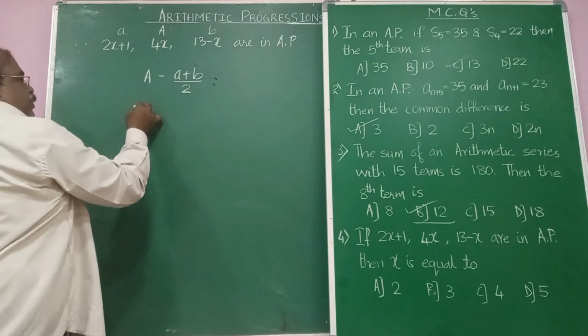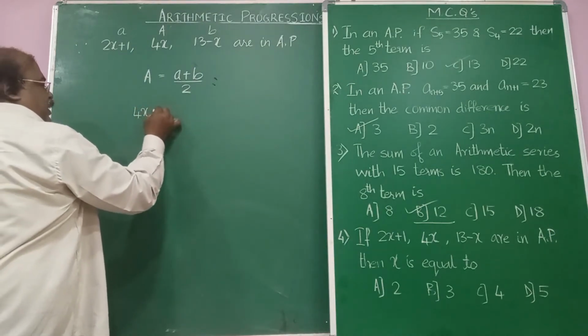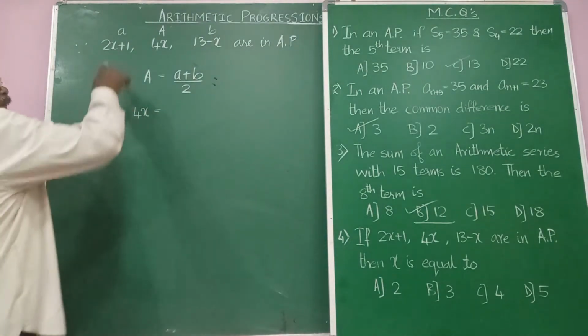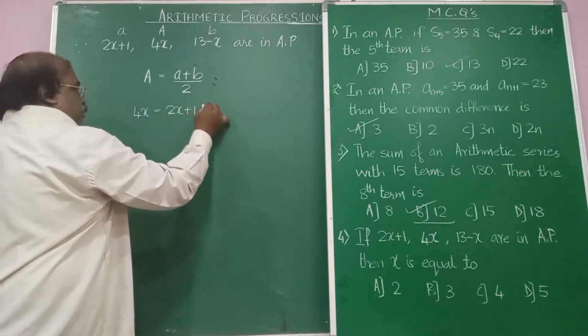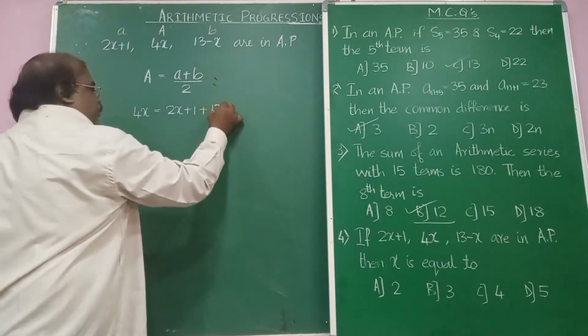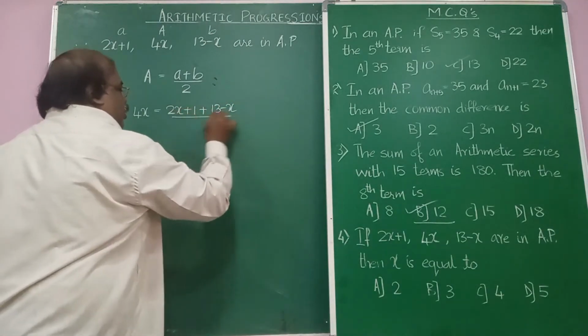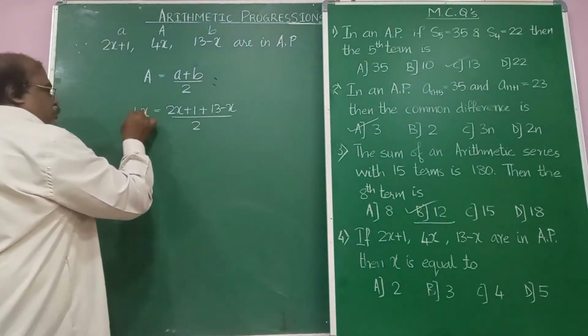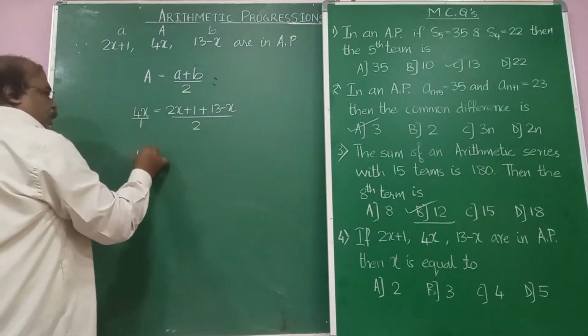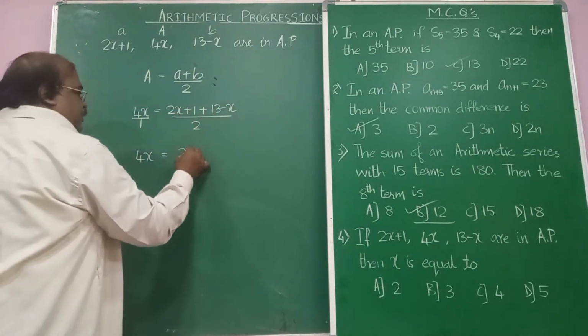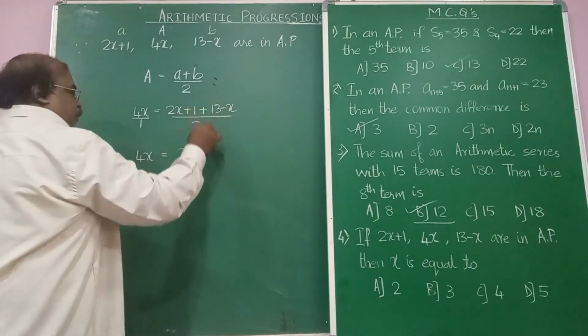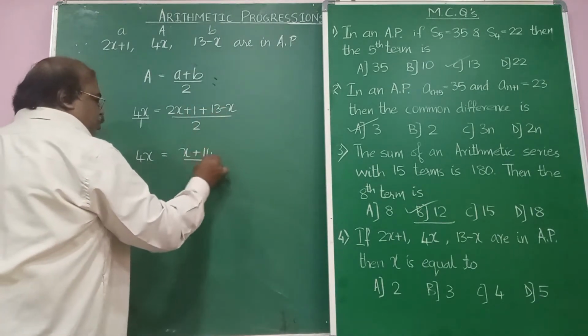So you get 4x is equal to (2x plus 1 plus 13 minus x) upon 2. So you get 4x is equal to 2x minus 1x is x, 13 plus 1 is 14, upon 2.